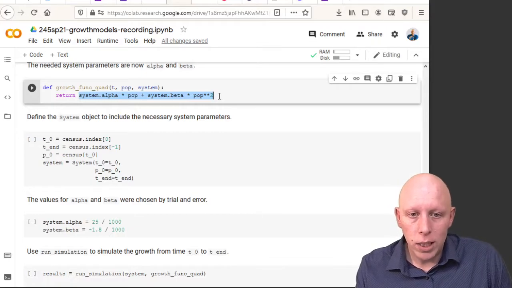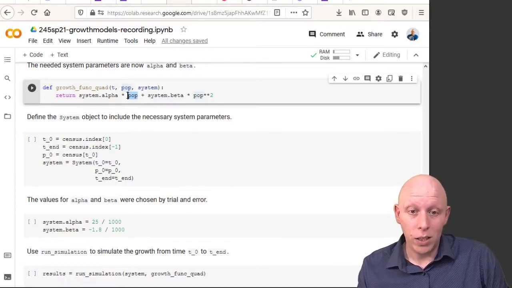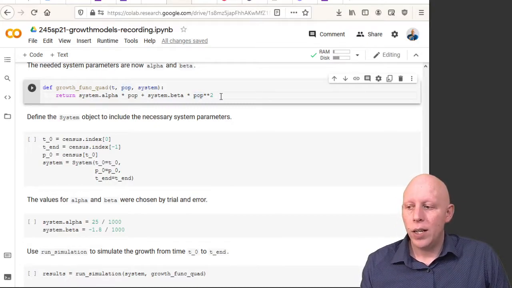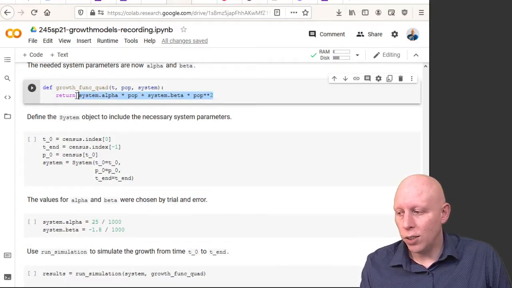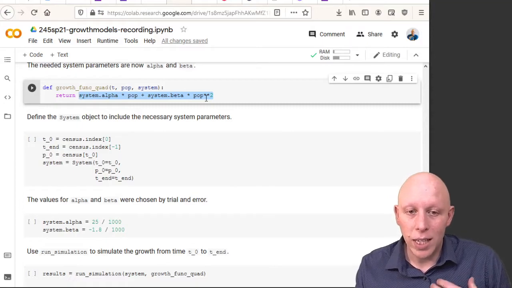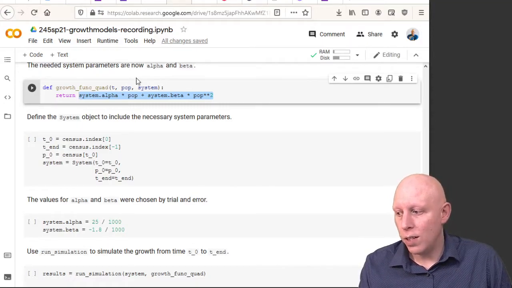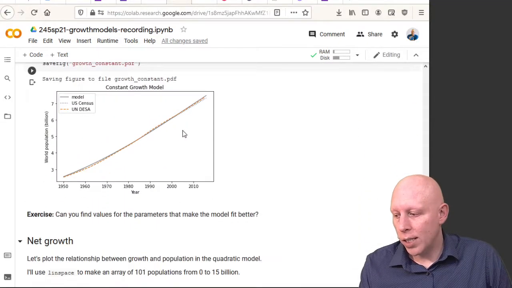In the models we've seen so far, all that we cared about was actually the population. So if we can plot this function, system.alpha times population plus system.beta times population squared, as a function of an input population, that's going to give us the graph of this growth function. So that's what we're going to set out to do.